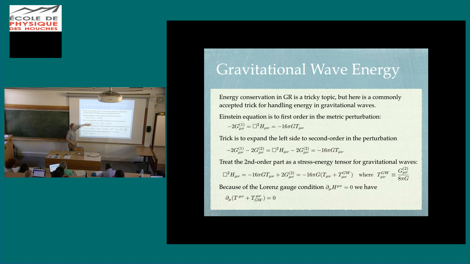So the trick is to expand the left side of this to second order in the metric perturbation. And it's actually a subtle question as to why you don't need to do that to the other side, but basically the reason is that the only components that matter are the spatial components, and they're already really small compared to the density for Newtonian type sources.